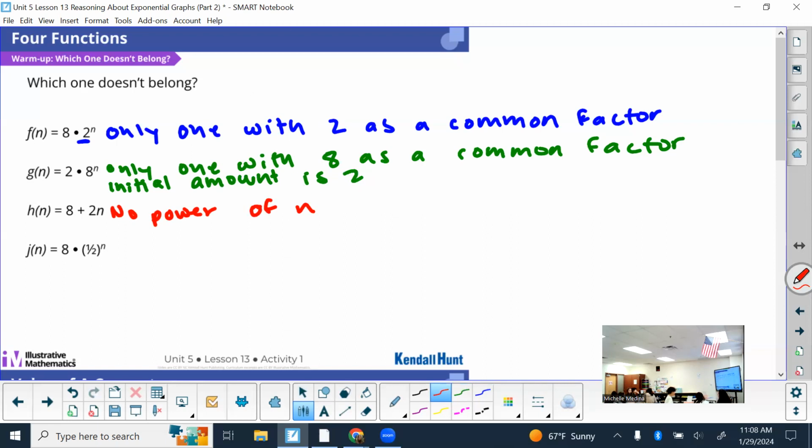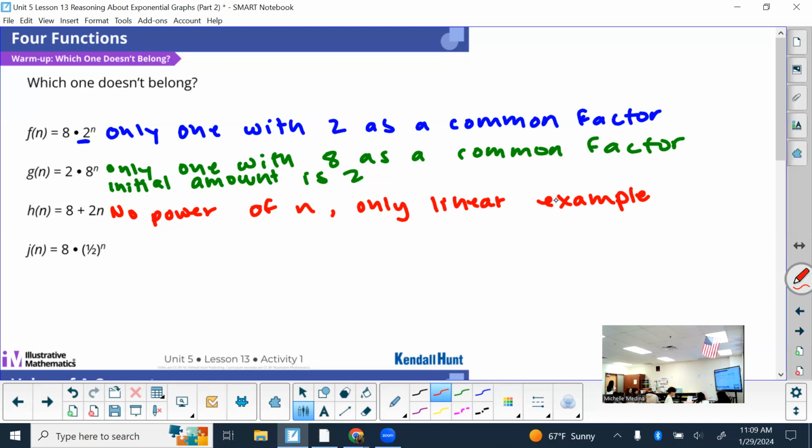Linear. So it's also our only linear example. It still has a y-intercept of 8. It still has a common difference of 2, but it's not a common factor when it's linear. In other words, it's the only one that's linear.